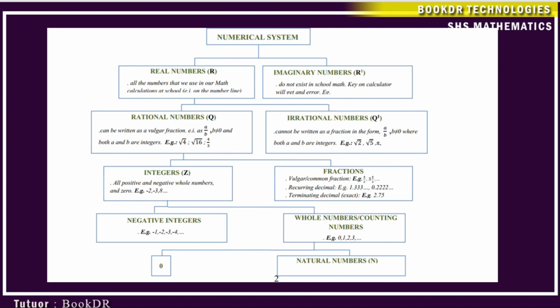Whole numbers consist of 0 and the natural numbers. And we also group the natural numbers under 3 categories. And this is 1, composite numbers and prime numbers. In the next section, we shall look at ways of describing sets.